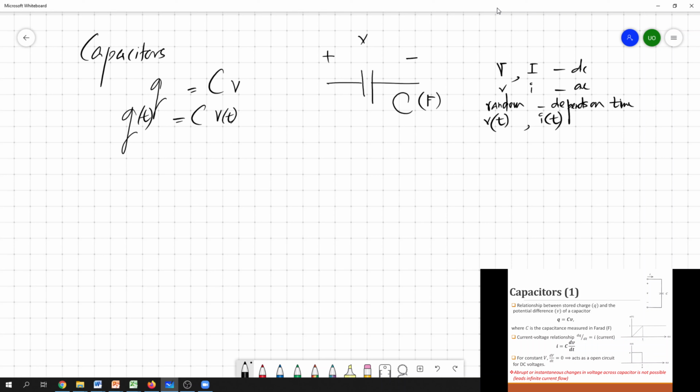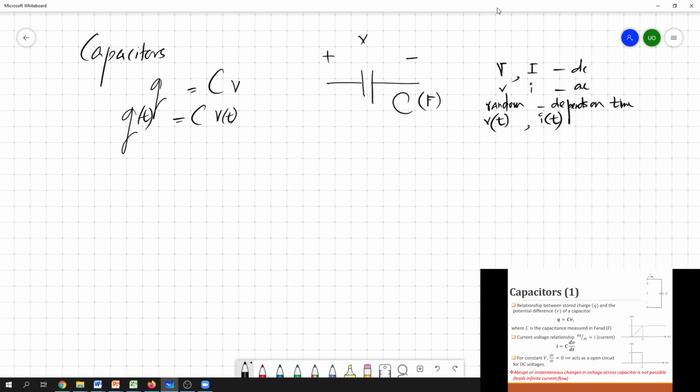Now Q becomes Q(t). This is the stored charge at a given time t, equal to the capacitance of the capacitor, measured in farad, times the voltage across the capacitor at that time t.